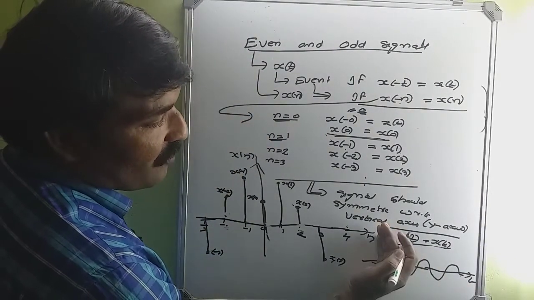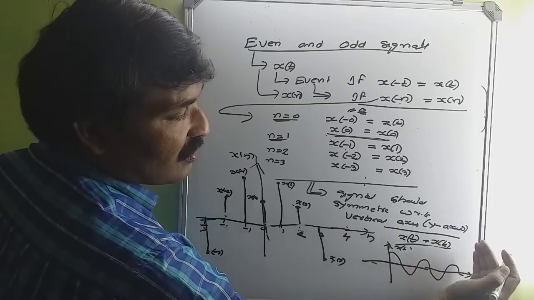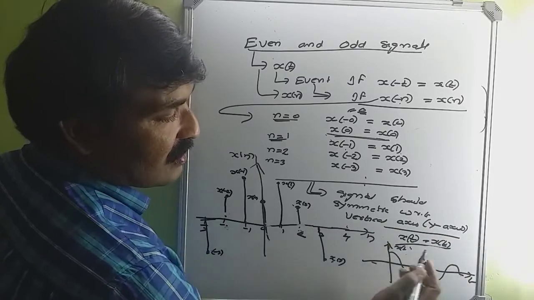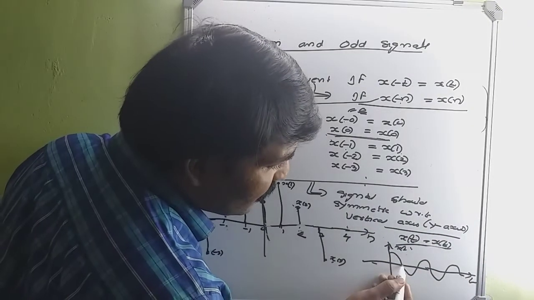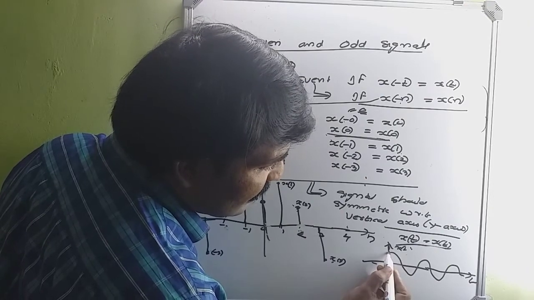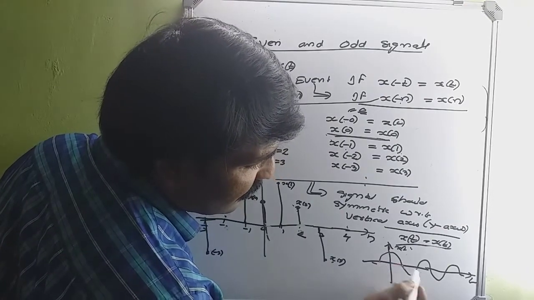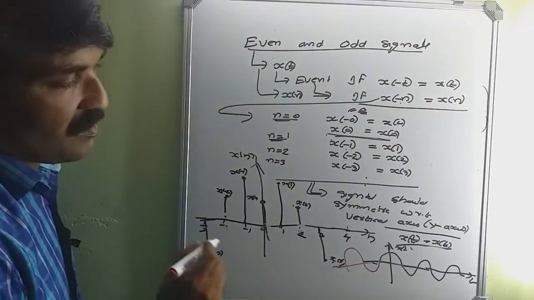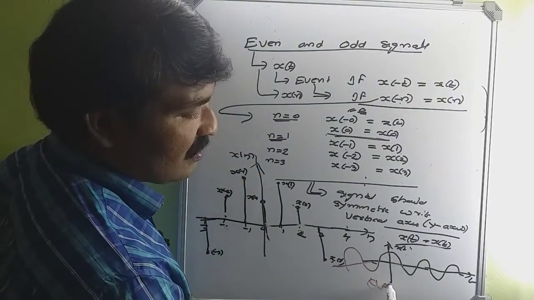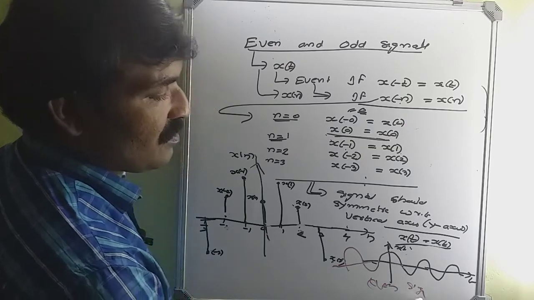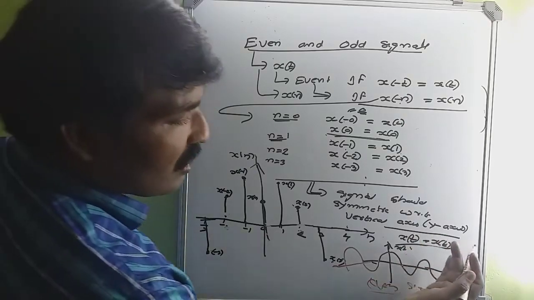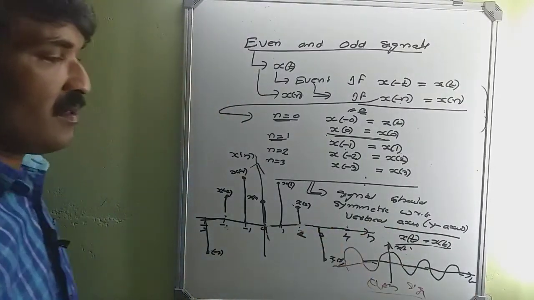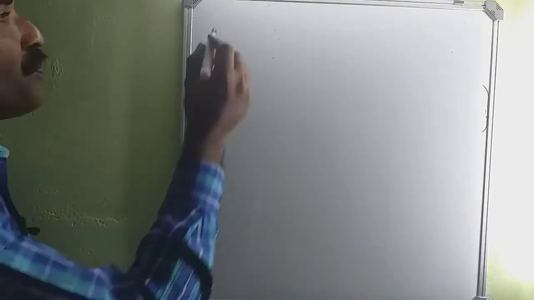The left hand side is a replica of the right hand side. So in between this interval the signal is like this, and from here and so on, for an even signal. If you fold the signal, they will overlap.